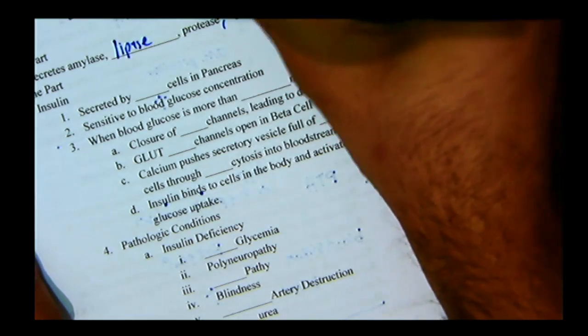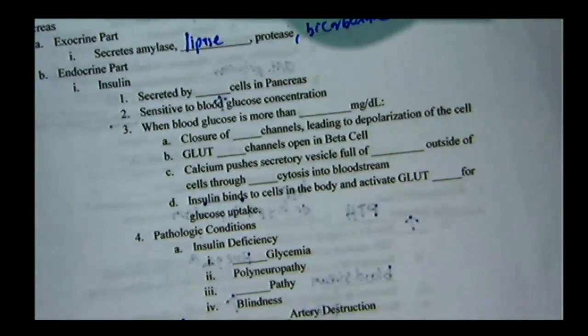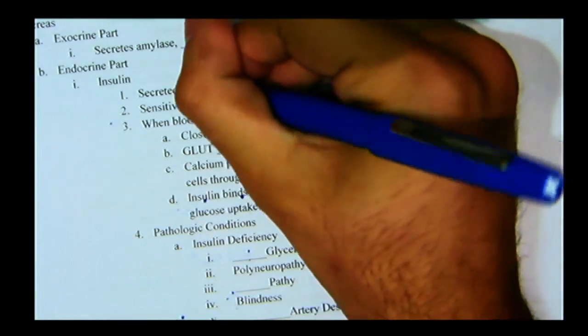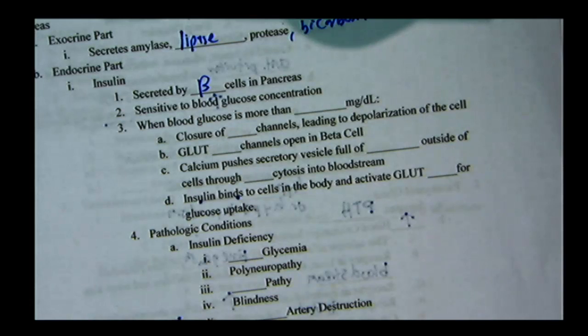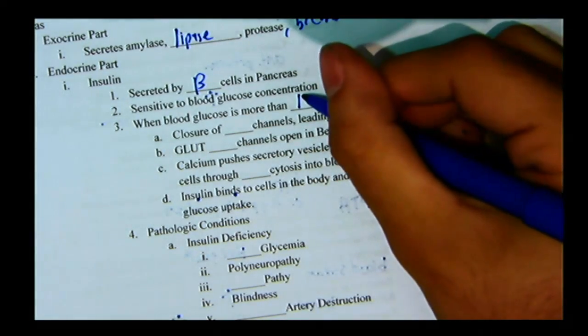Causes closure of which channels? Potassium. So if you remember from that action potential we always do, potassium causes repolarization. So if you're inhibiting repolarization, you're basically prolonging depolarization, which causes depolarization to continue.